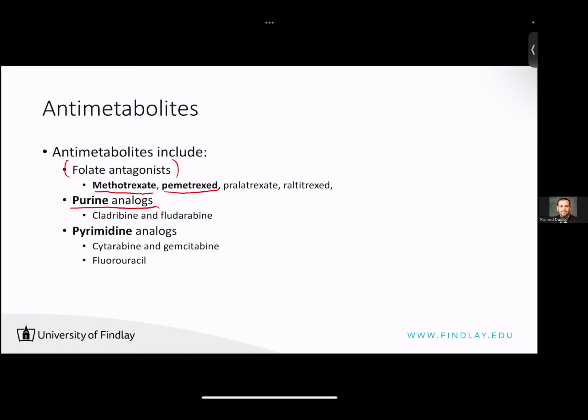Now, these bicyclic purine base analogs aren't used as often as some of the other drugs that we'll make mention of. So I'm not going to spend a lot of time talking about the purine analogs. On the other hand, the pyrimidine analogs, drugs like gemcitabine and cytarabine, and importantly, fluorouracil, are commonly used for a variety of different cancers, all the way from lung cancer to colon cancer to even certain types of leukemias.